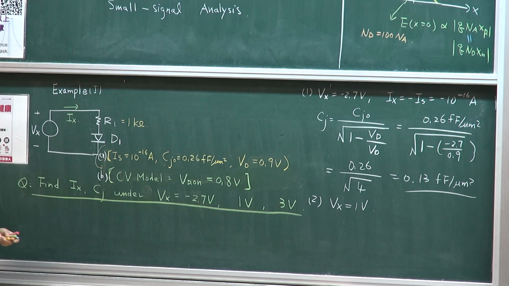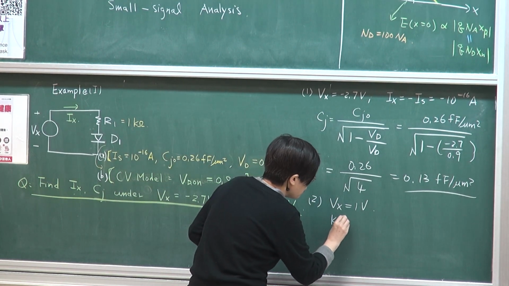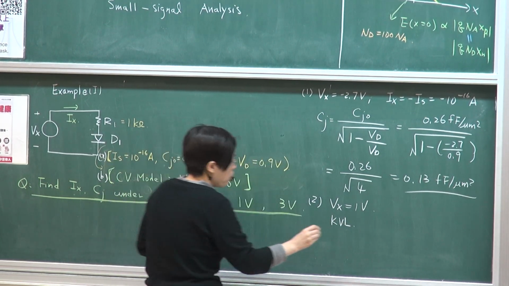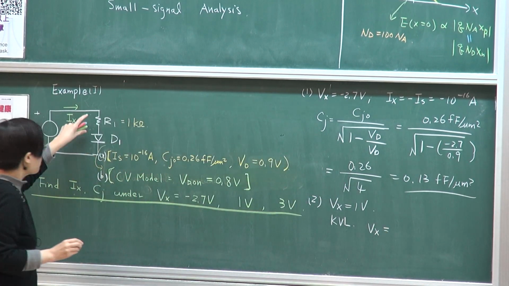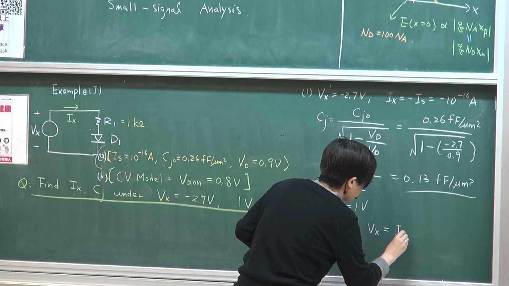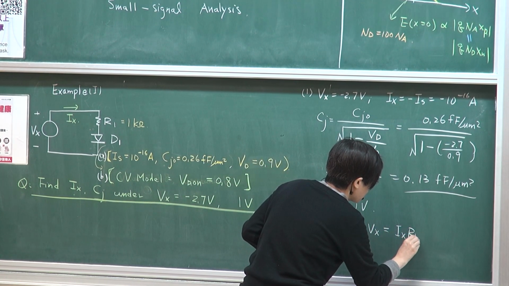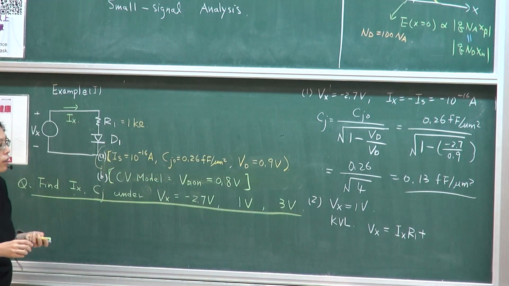You start with a KVL. So we start with Vx equals the voltage drop on the resistor, which is Ix R1, plus the voltage drop on the diode.